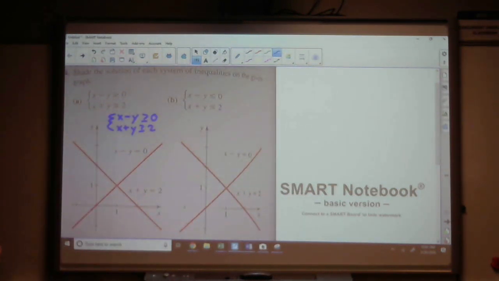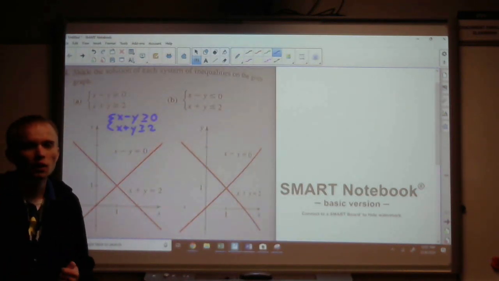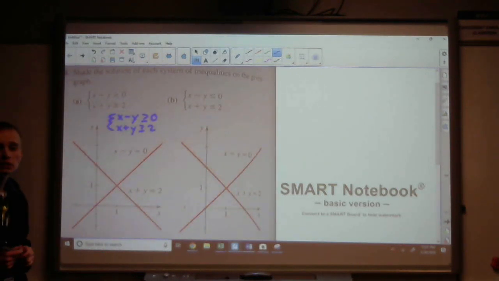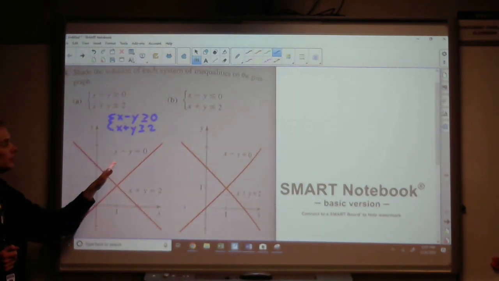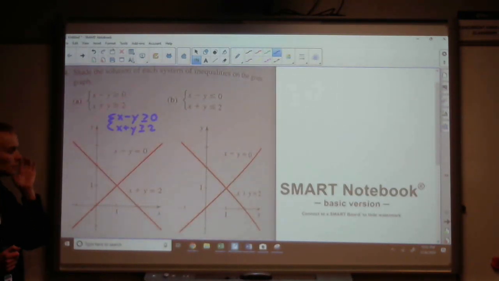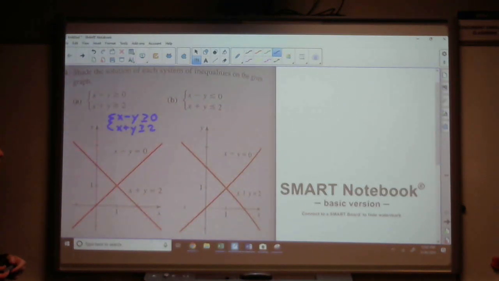So if you want to just be able to look at the inequality and tell which side these are going to be on, you need to solve for y, okay? The other thing you could do here is you could plug in points to figure out which side it works on, okay? I'm going to solve for y. I think the book usually is plugging in points, so it's whatever works better for you.